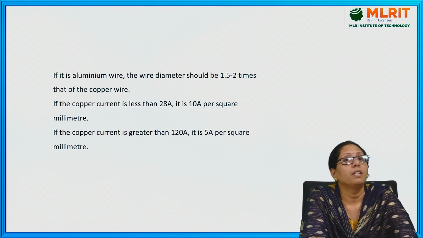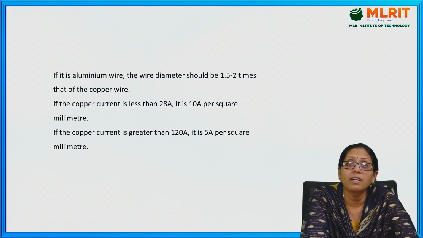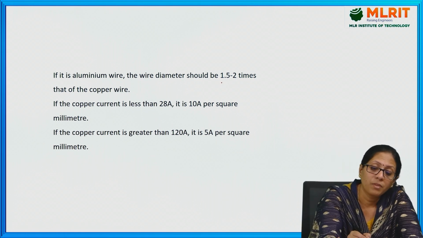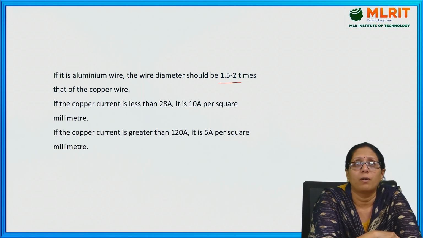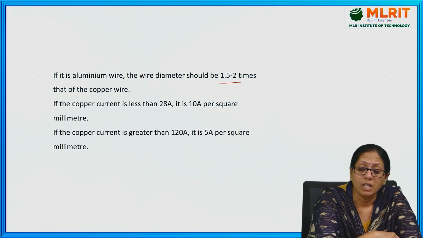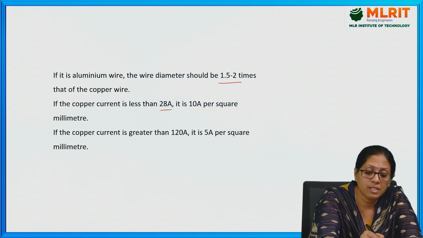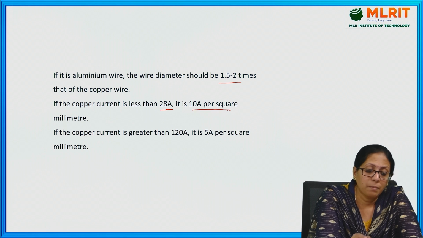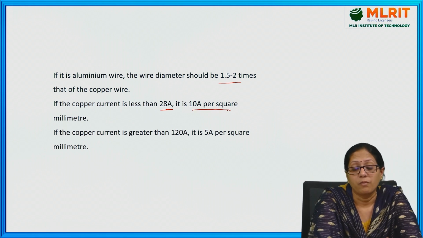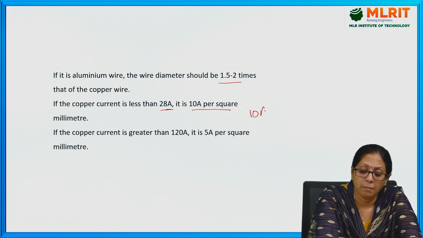If it is an aluminium wire, the wire diameter should be 1.5 to 2 times that of the copper wire. If the copper current is less than 28 amperes, it is 10 amperes per square millimeter.